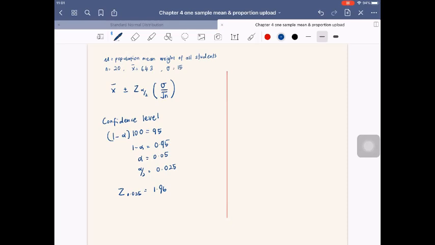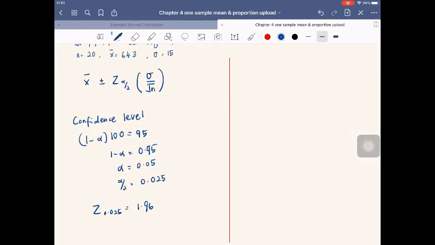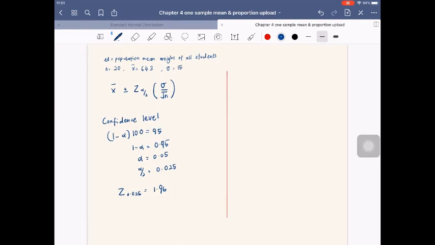Remember, we have our lower limit and upper limit. This one will be x bar minus z alpha over 2 times sigma over square root of n, and the upper limit will be x bar plus z alpha over 2 times sigma over square root of n.